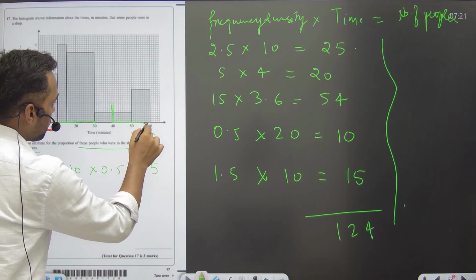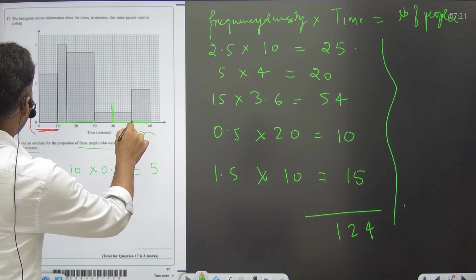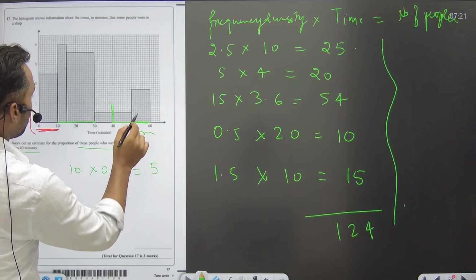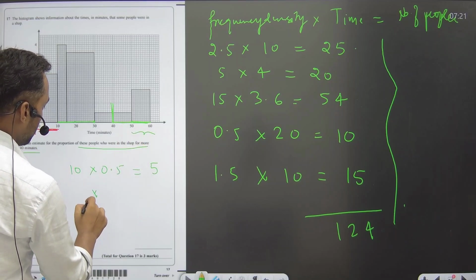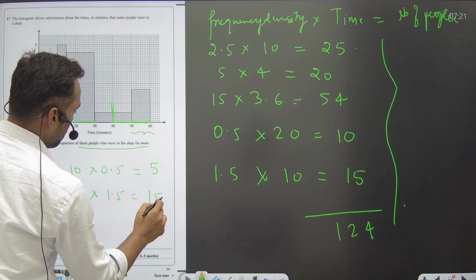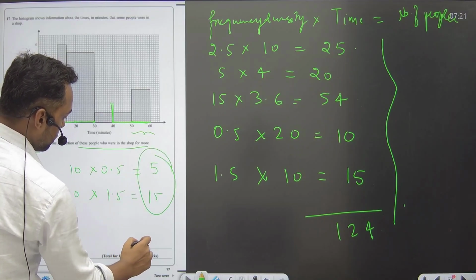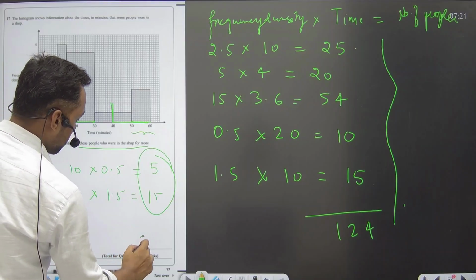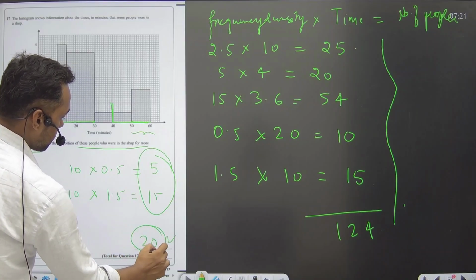Now for 50 to 60 you need to see that the frequency density is 1.5 and the time is 10, so 10 cross 1.5 equals 15. Now we will add both of these numbers, we will get 20. So this is our solution.